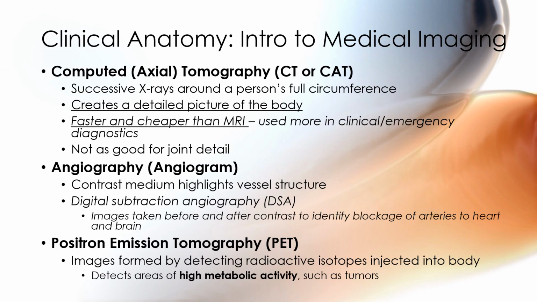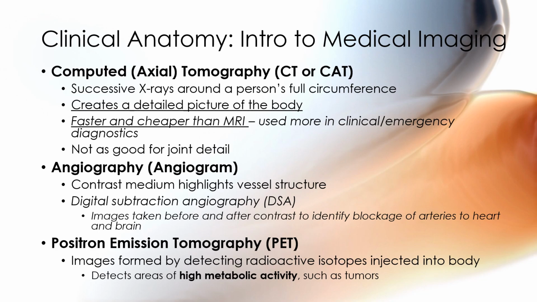And then the last one we'll talk about is positron emission tomography, or PET, or PET scan. This is really detecting high metabolic activity in the body. It scans the whole body, or I guess you could do it in a specific area, but usually it scans the whole body and looks for these high metabolic turnovers.